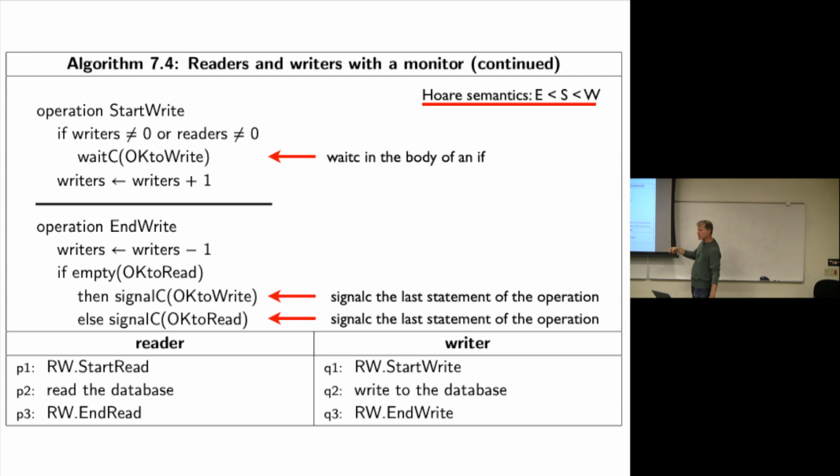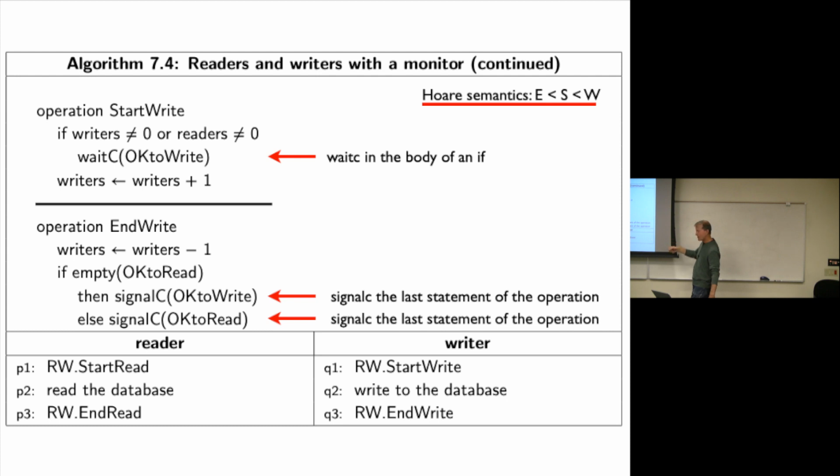And as those readers get finished reading, as each one executes endRead, if there are more readers trying to get in, we don't want to starve the writer. So as these readers get out of the database and execute rw.endRead, the last reader that ends needs to signal this writer so that one writer can get in.